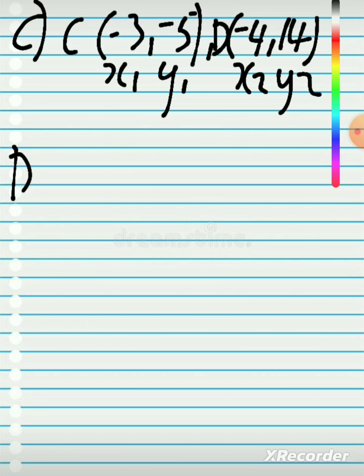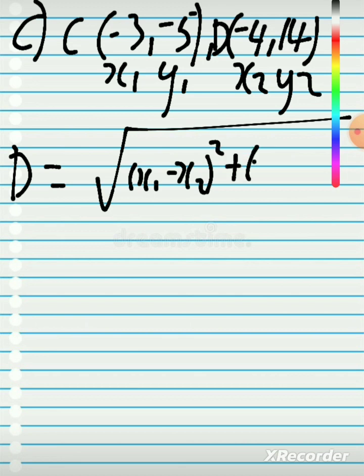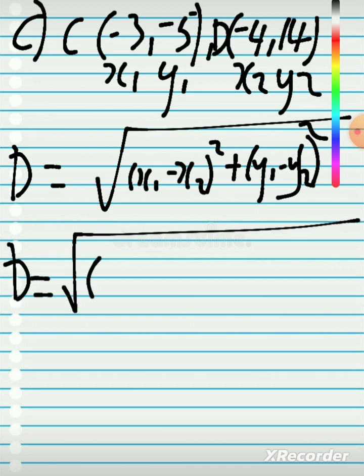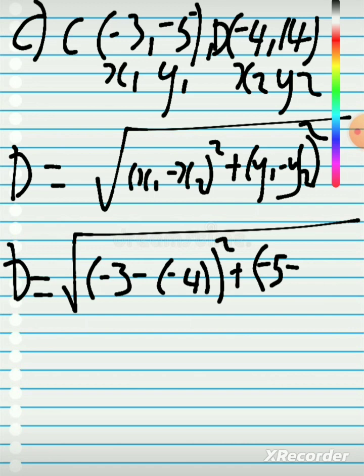So distance is equal to square root of x1 minus x2 squared plus y1 minus y2 squared. So distance will be equal to square root. What's our x1 is negative 3 minus our x2 is negative 4 in brackets, okay, squared, plus what's our y1 negative 5 minus what's our y2 14 squared.